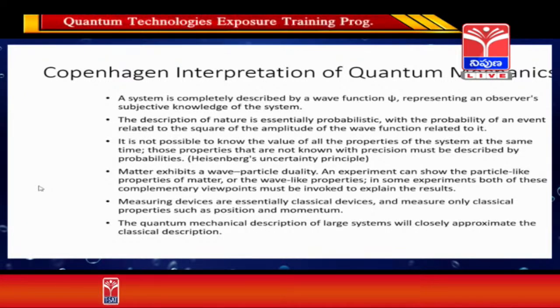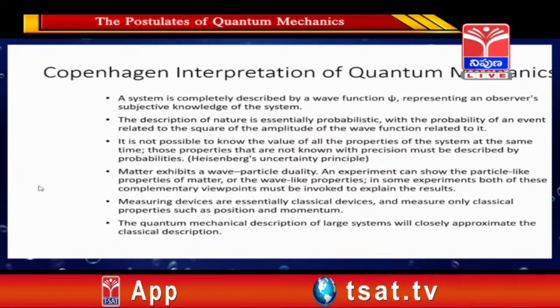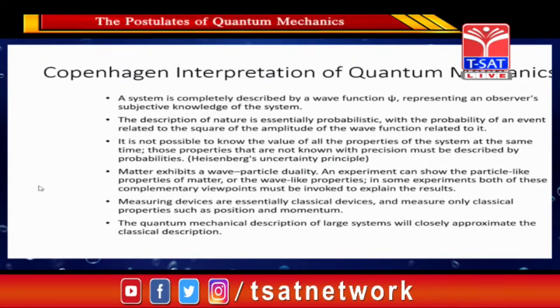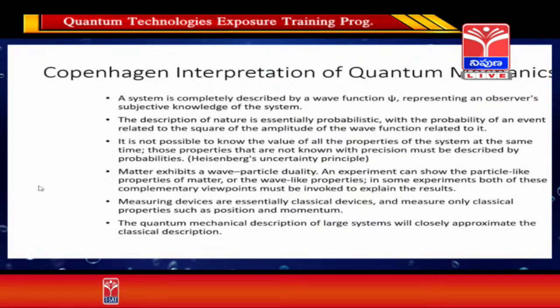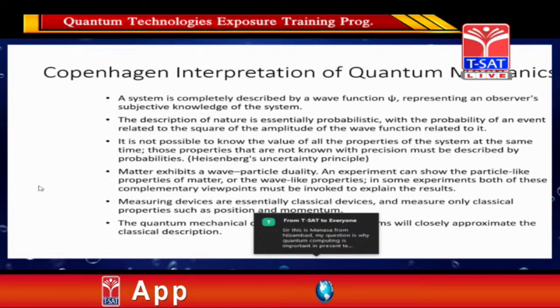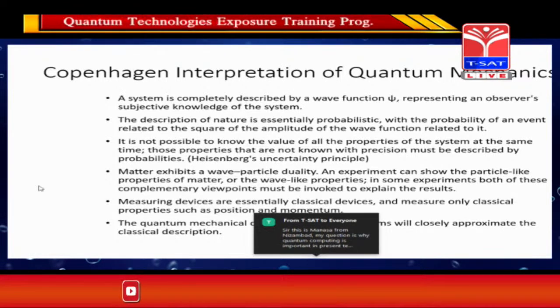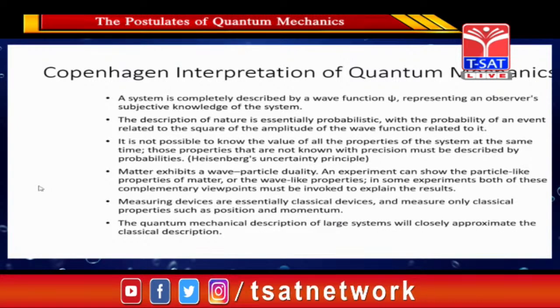So that's why it is called the Copenhagen interpretation. A system is completely described by the wave function xi, representing an observer's subjective knowledge of the system. In our vector notation, this wave function xi is replaced by the Ket vector xi. The description of nature is essentially probabilistic, with the probability of an event related to the square of the amplitude of the wave function.